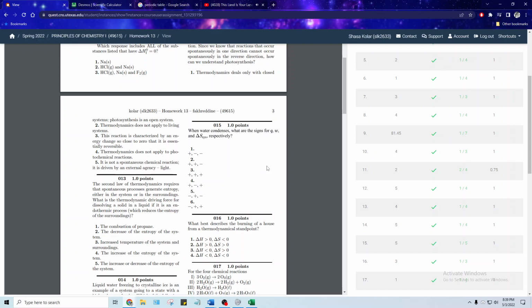Like I said earlier, we consider that losing gas in a chemical equation results in work being done on our system, and if we get more gas, then our system is doing work. So because work is done on our system, our W is going to be positive, and gas is less ordered, so because our system is becoming more ordered, the delta S is negative. So it's negative, positive, negative, and that is the right answer.